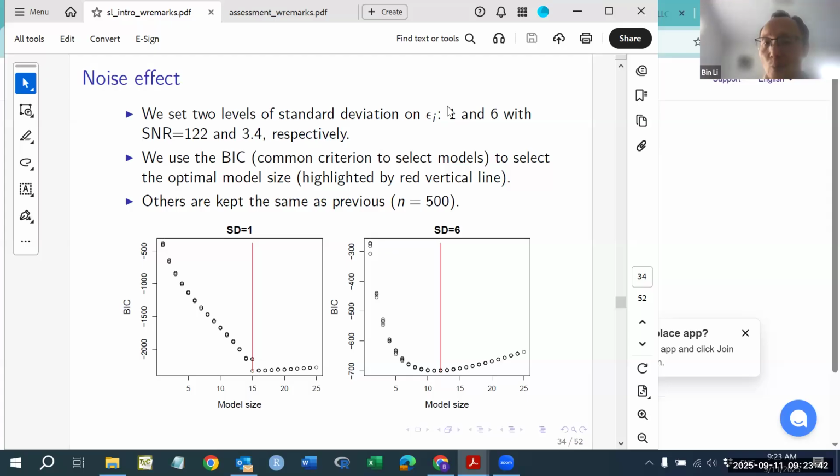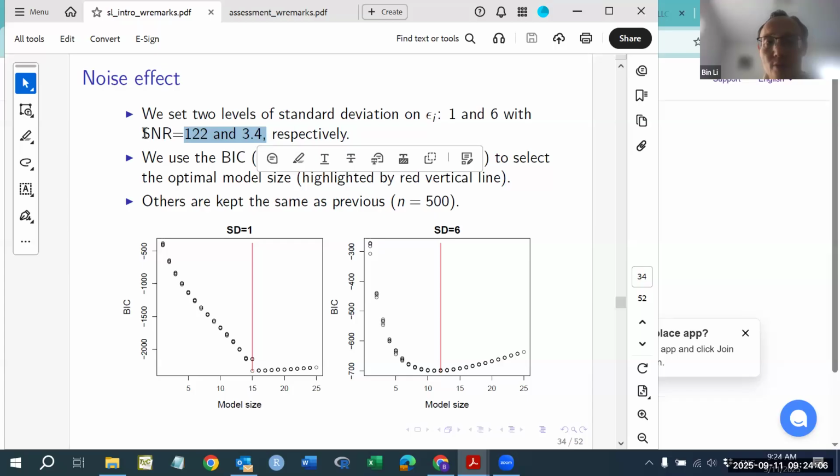Like here, when the standard deviation is 1, the variance for the noise is 1. But for 6, the variance for the noise is 36. Okay, so when the epsilon equals 1 and 6, that corresponds to SNR equals 122 and 3.4.